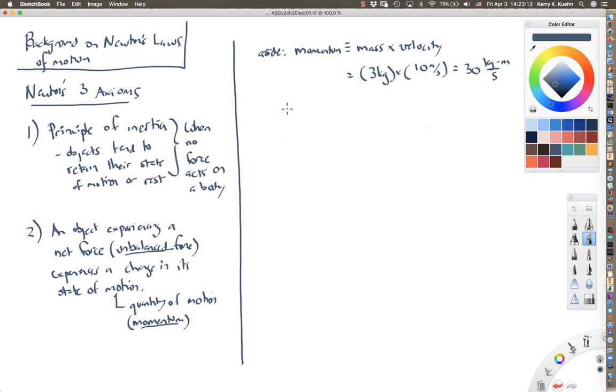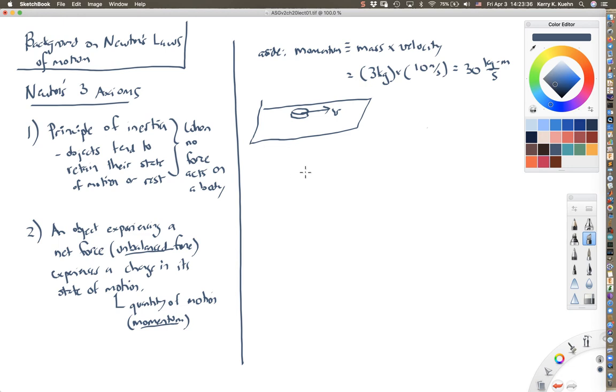Okay, so there's a few ways that this could happen. For example, let's suppose that you have a hockey puck on the ice like this. And let's suppose that initially it has a speed or velocity in this direction. Well, what happens when we apply a force to it?